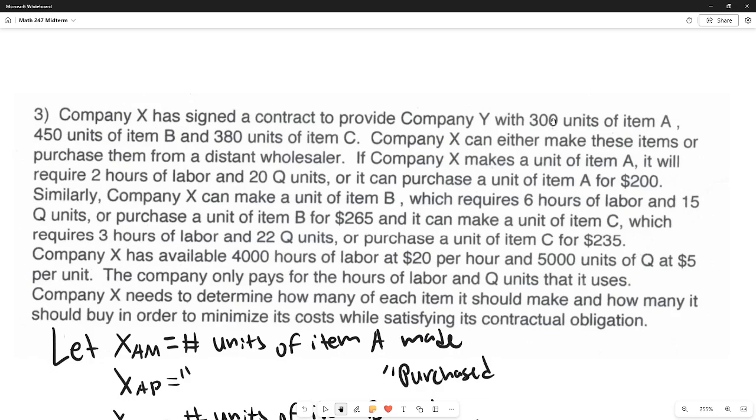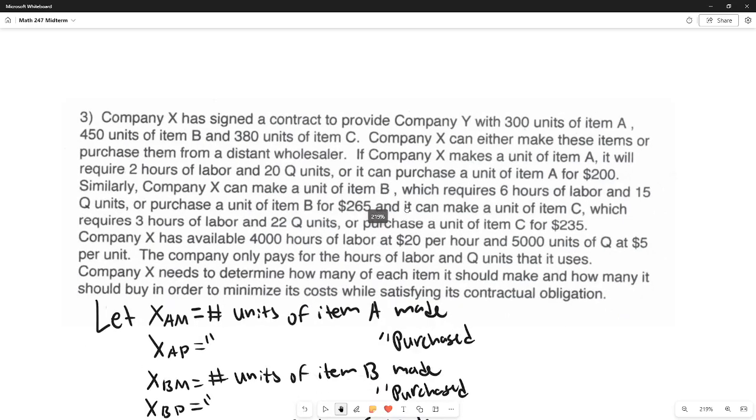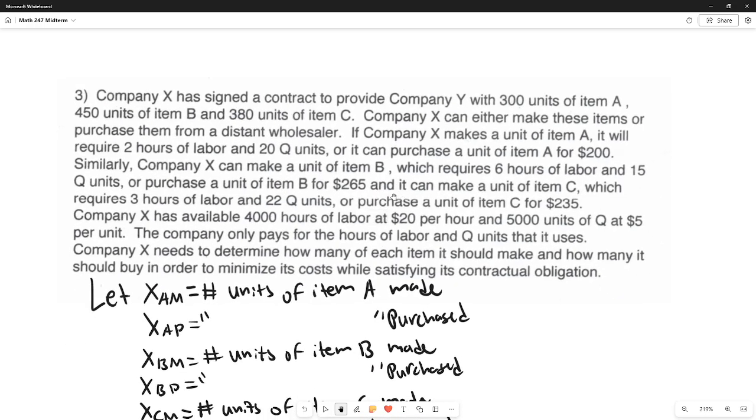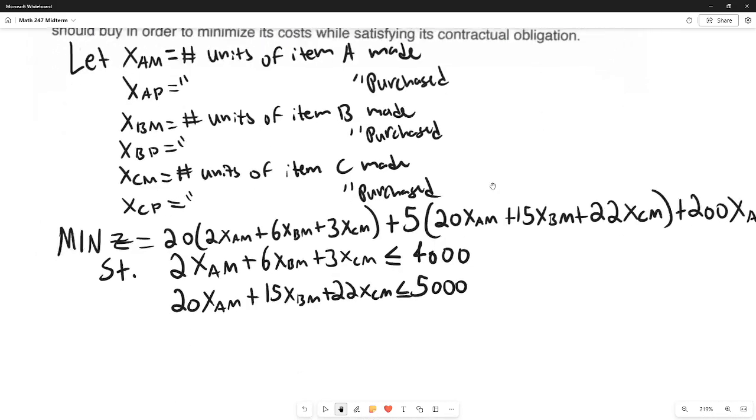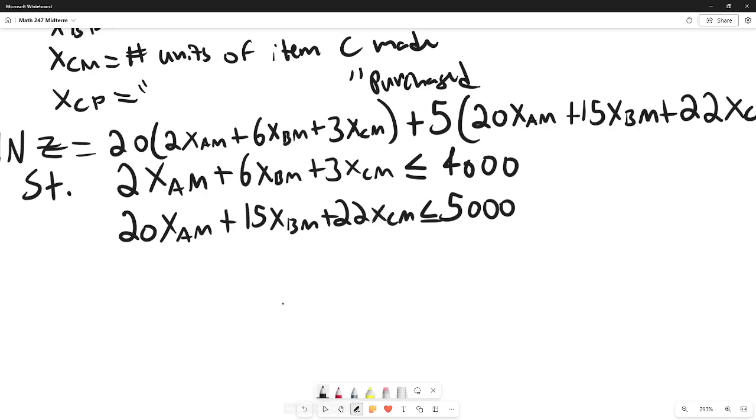Company Y wants 300 units, and then they want 450 units of item B and 380 units of item C. Right? So 300 A, 450 B, 380 C. So the combination of how much we make plus how much we buy must be equal to their demand. So for item A, they want 300. So XAM plus XAP must be equal to 300.